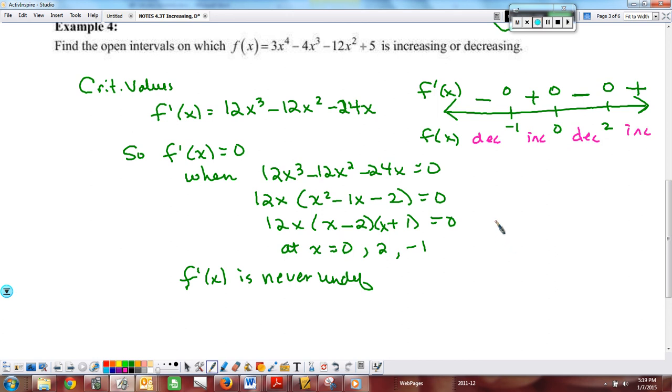Then you will answer the question using calculus for your justification. The sign chart, again, is never accepted as an answer.